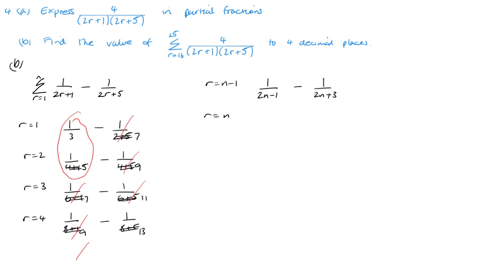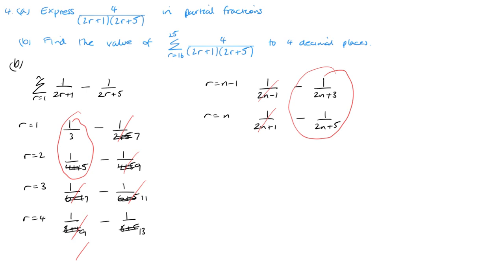And then r equals n, 1 over 2n plus 1 minus 1 over 2n plus 5. Okay, and since the first two on the left were untouched, it'll be the last two on the right.